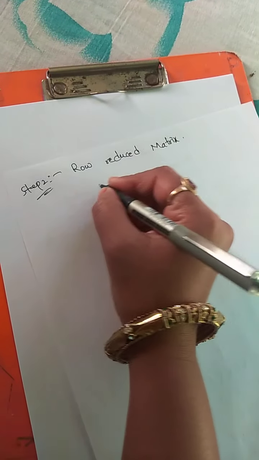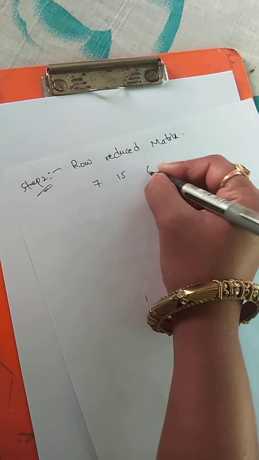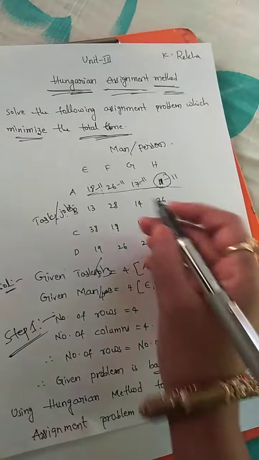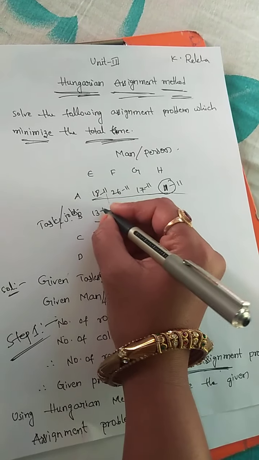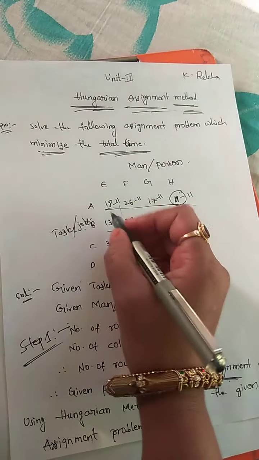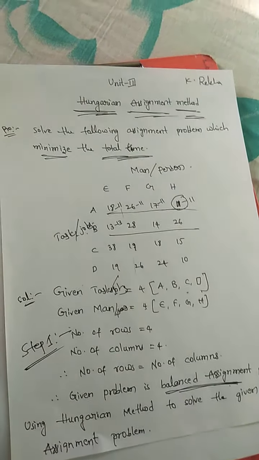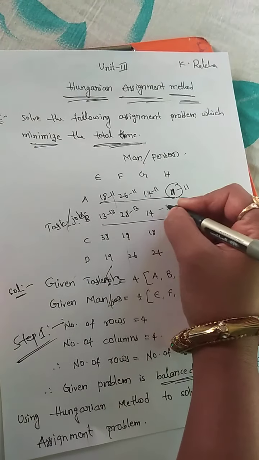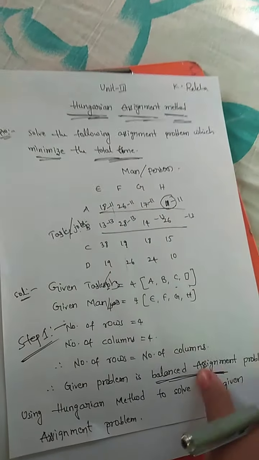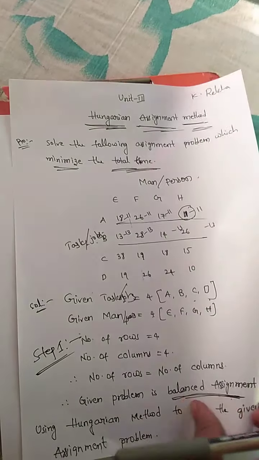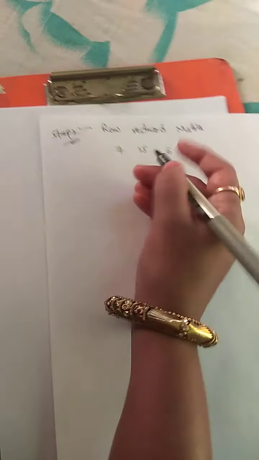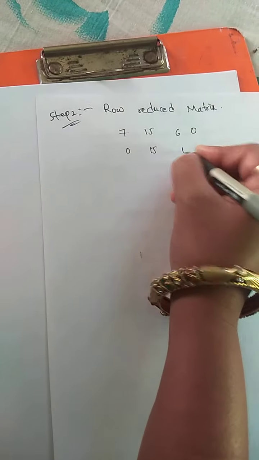So then we get these values. Next, in this row the least value is 13. We have to subtract each value with 13. So we get 0, 15, 1, 13. Same.